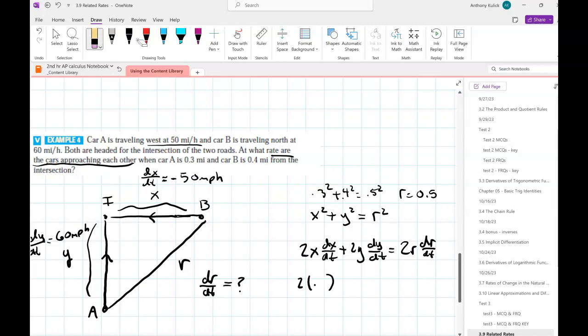Oh, no, wait a minute. This should have been A, right? Because car A was moving west and car B is going north. Whoopsie daisy. I was about ready to mix my two things up. Already forgot to write the negative sign on that 50.